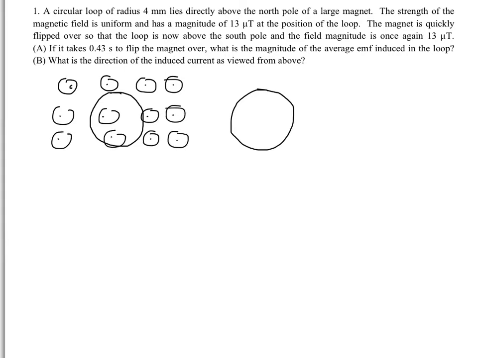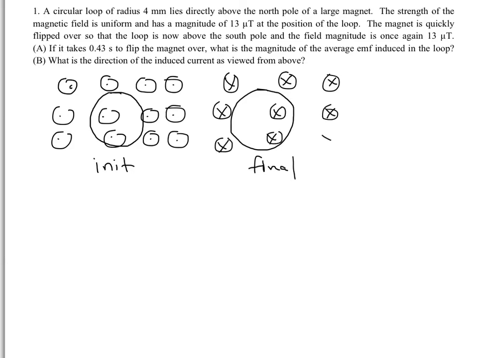This is the initial situation. Now in the final situation, the magnet has been flipped over, and now the magnetic field is pointing towards the magnet, so it goes into the page.